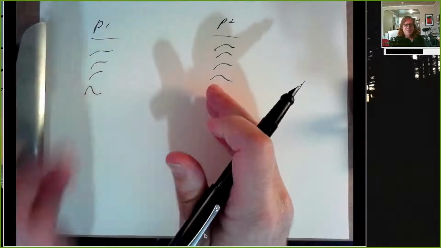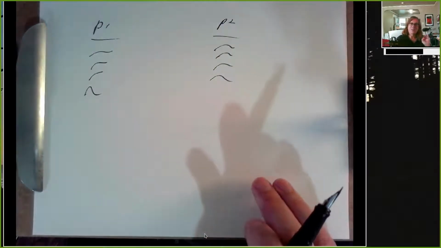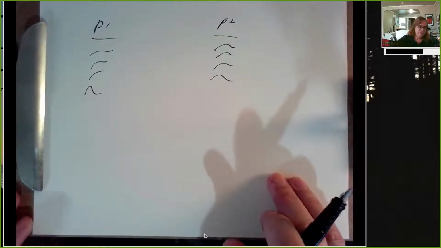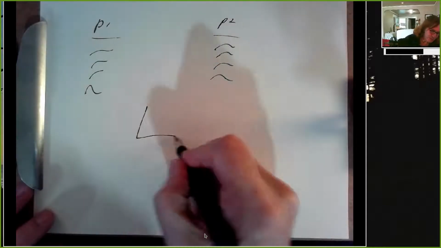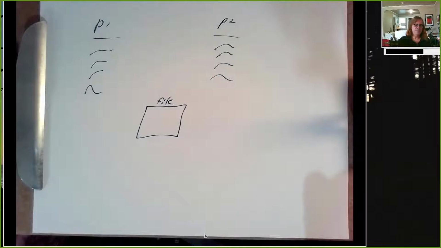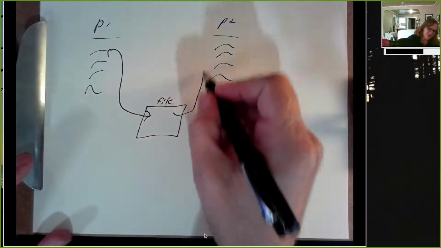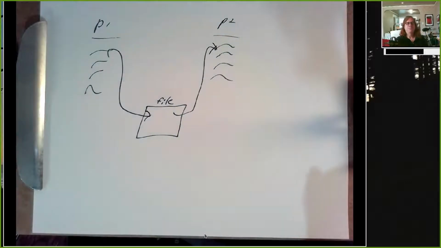That's what happens when you say command, pipe, command. But if these are independent processes, we can still share information. One way to do this would be to make some kind of file, and process 1 can write something into this file, and process 2 can read from that file. And you can exchange information like that.